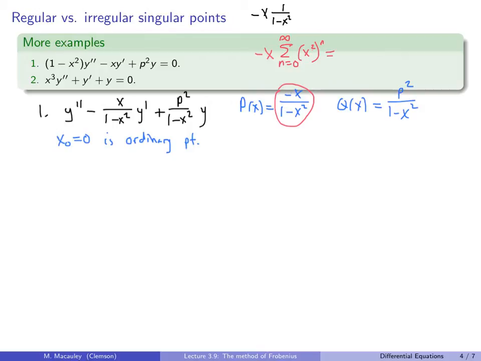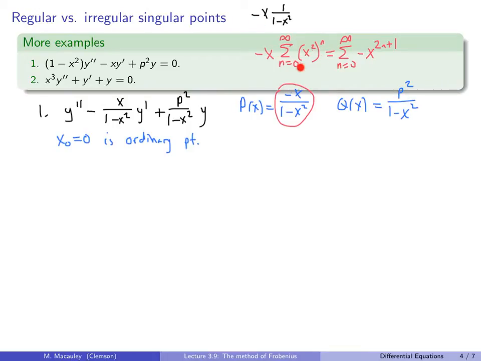And so that is going to be the sum from n equals 0 to infinity of negative x to the 2n plus 1.